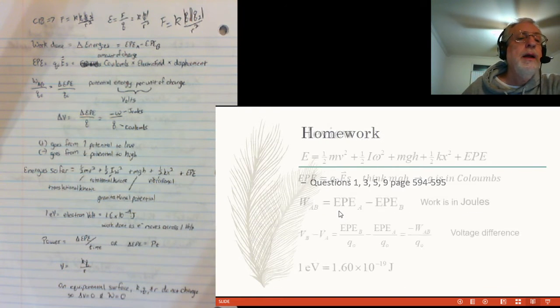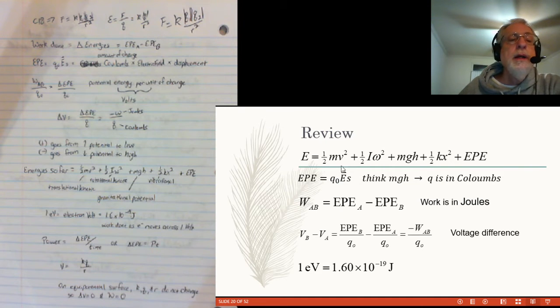Okay, so let's review. We now have 5 different types of energy. We know that electrical potential energy is equal to charge times the electric field strength times the displacement. We know that work is equal to the change in electric potential energy, and work is also equal to the change in gravitational potential energy, so it's just another type of work.